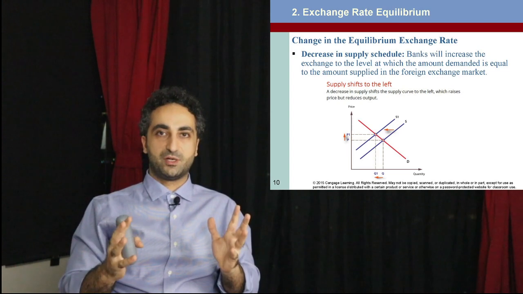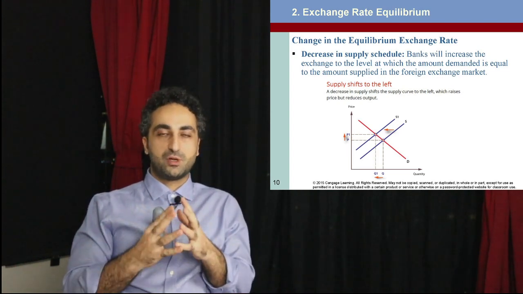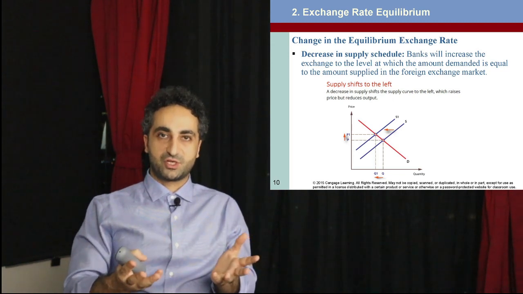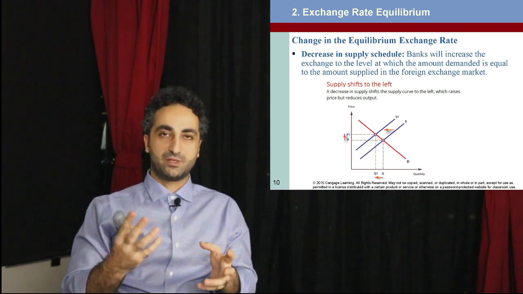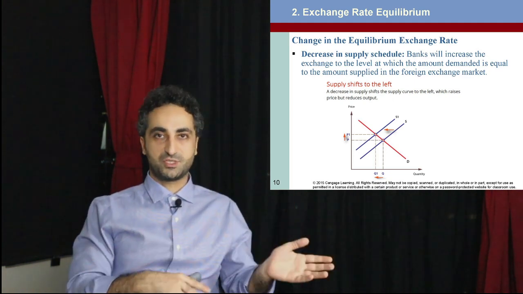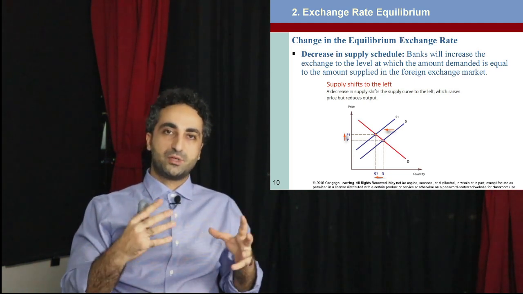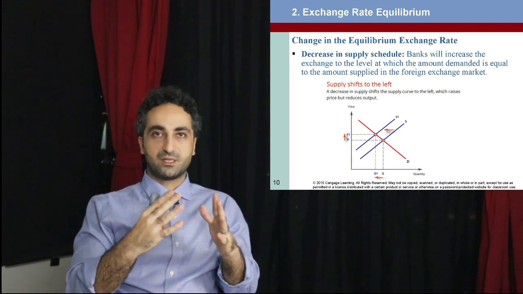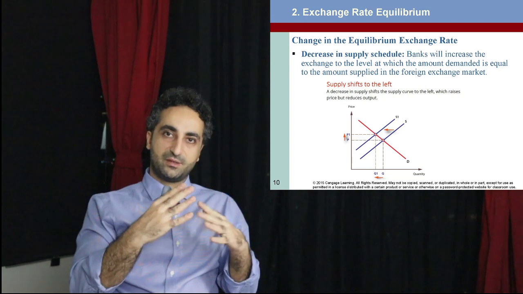Overall, in this part, the focus is to understand the exchange rate. How do we determine the exchange rate? What does it mean that one currency appreciated and another currency depreciated? We started to take a look at supply and demand to try to understand the methodology.